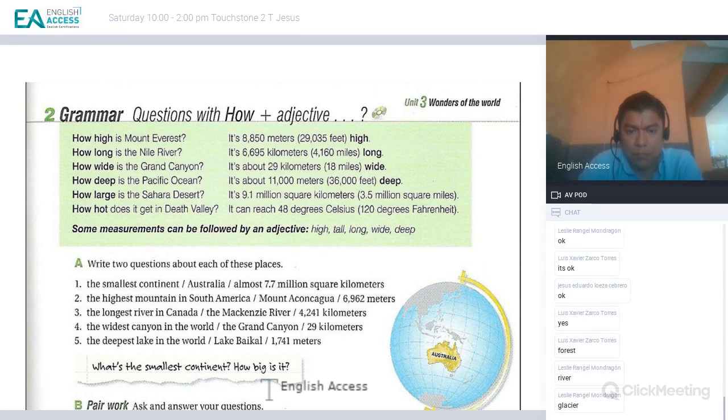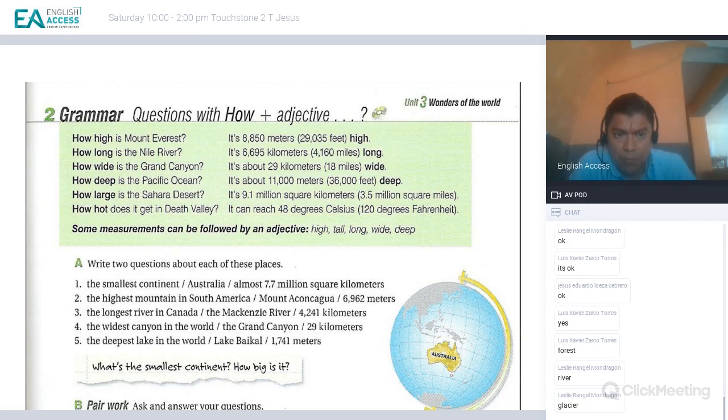How high is Mount Everest? It's 8,850 meters high. It's 29,035 feet high. How long is the Nile River? It's 6,695 kilometers long. It's 4,160 miles long. How wide is the Grand Canyon? It's about 29 kilometers wide. It's about 18 miles wide.